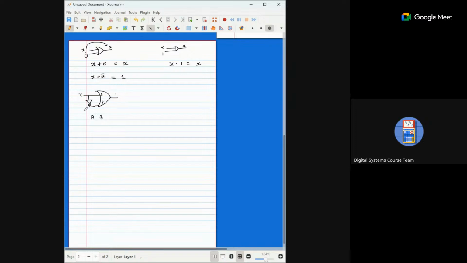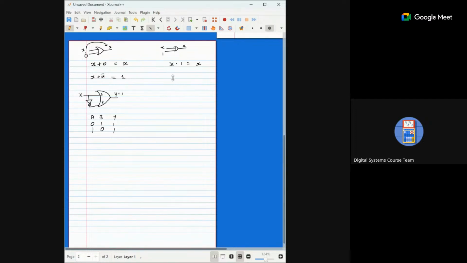If X equal to 0, the B value will be 1. If X equal to 1, then A is 1 whereas B is equal to 0. For both cases, what is the OR operator? If any one input is high, the output is high. In this way I can write it.